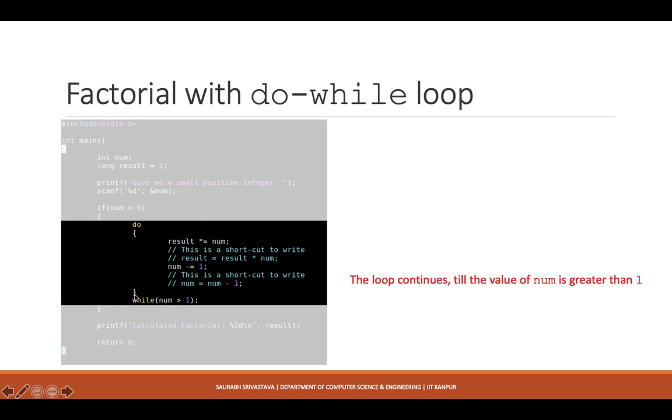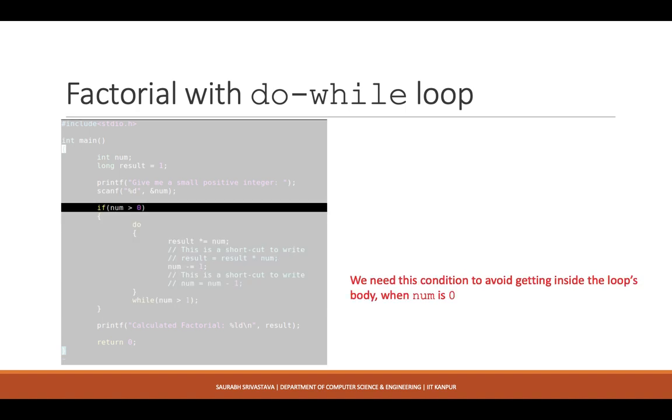How long will this keep going? 6 into 5 into 4 into 3 into 2, and when num's value is 2 and I reduce it by one more, it becomes 1, and this condition becomes false. At that point of time, I jump out of this loop. This is the overall idea of the loop.